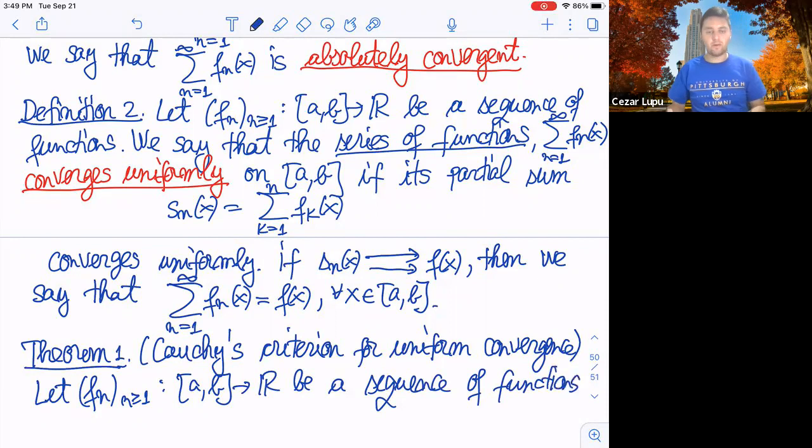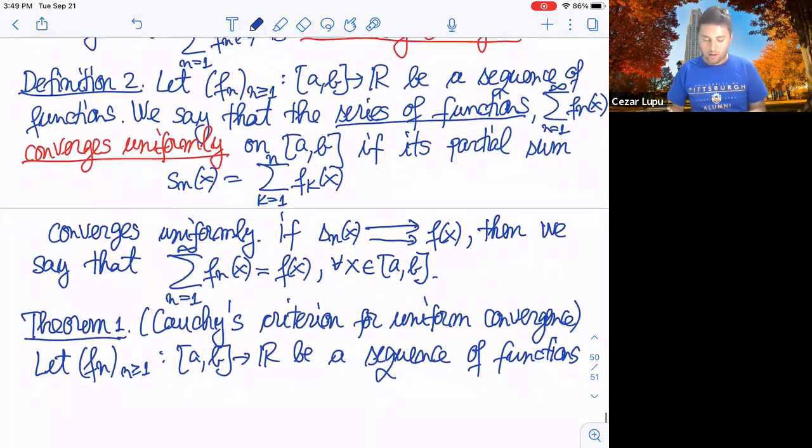We will have a necessary and sufficient condition for uniform convergence.